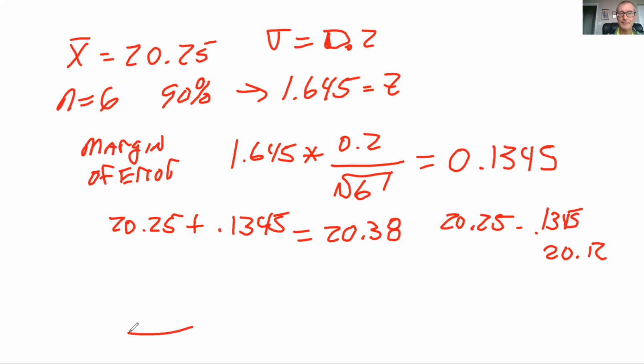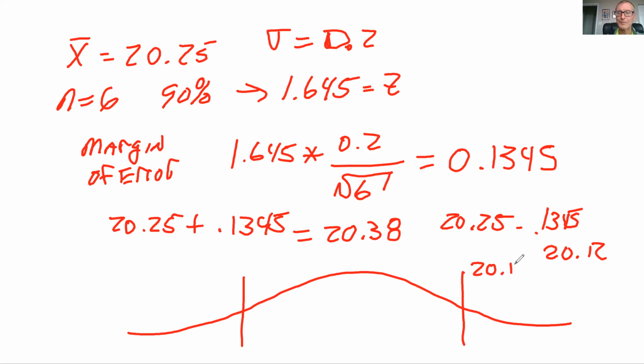So that would be our 90% interval. The big number up top is 20.38, and then this would be 20.12. The mean is right in the center here at 20.25.